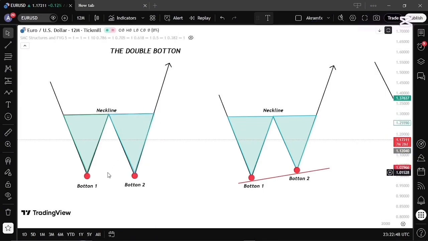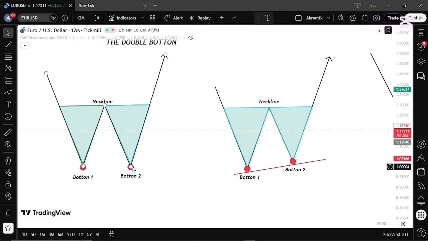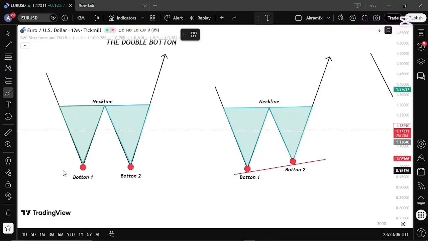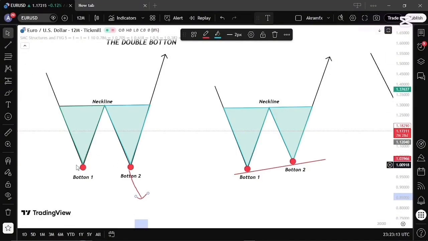Then prices come back and try to move lower than this lower low, to make another lower low, but eventually prices fail to break under it to make another lower low. When that happens, we have a strong demand area, and here buyers are likely to step in.